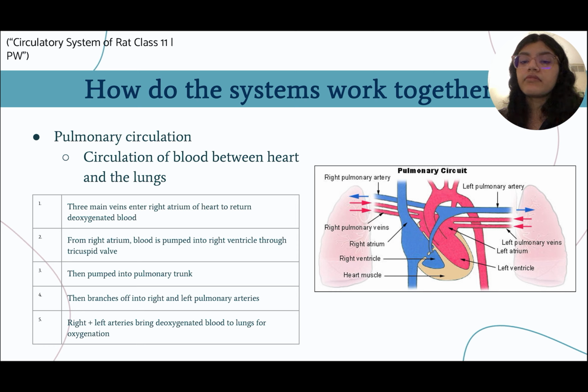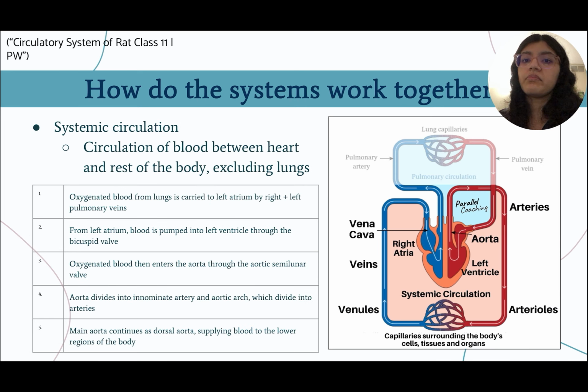Then this blood is transported to the pulmonary trunk, which eventually branches off into pulmonary arteries. These arteries carry the deoxygenated blood to the lungs for reoxygenation from the alveoli, the air sacs that extract the oxygen from the air that's being breathed in.